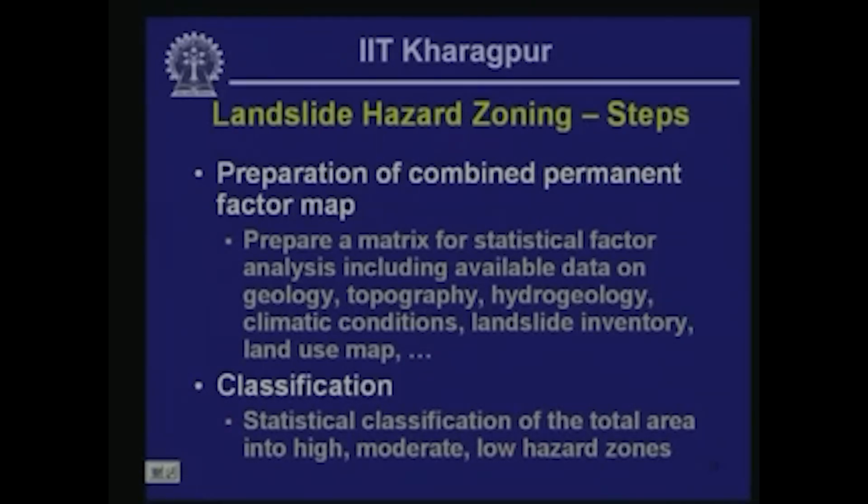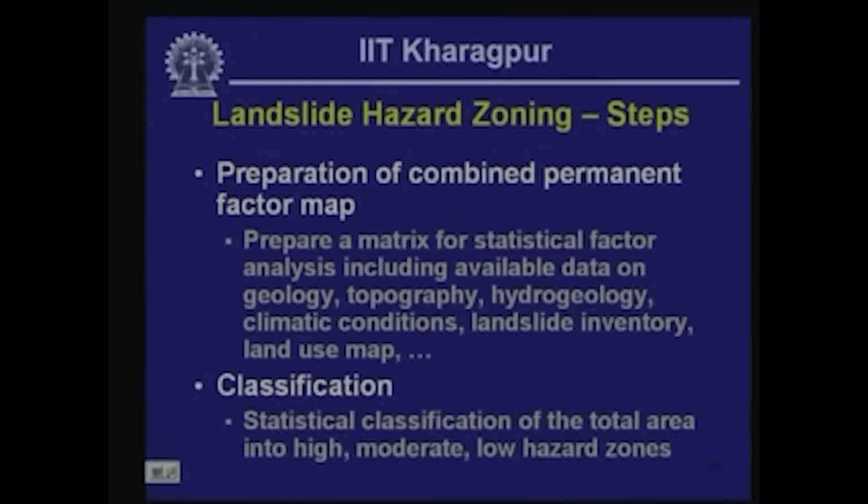We are going to look at an example, and that is going to clarify this particular issue a little bit more, but let me list what you need to look at. It would include all the factors that we have already discussed, namely geology, topography, hydrogeology, climatic condition, landslide inventory, land use map, seismicity, and so on and so forth.